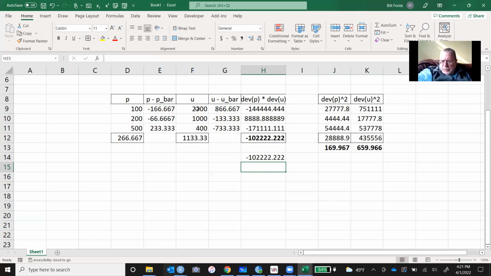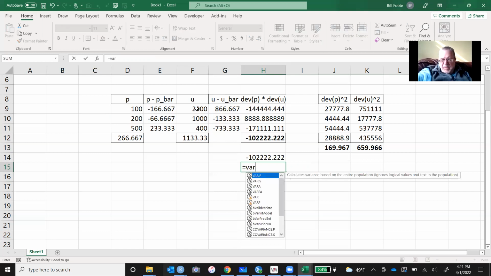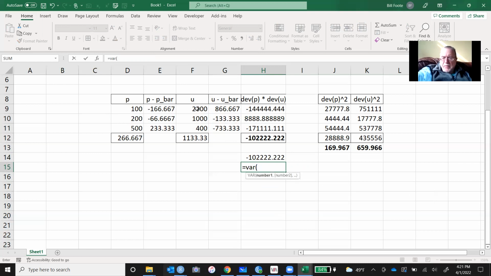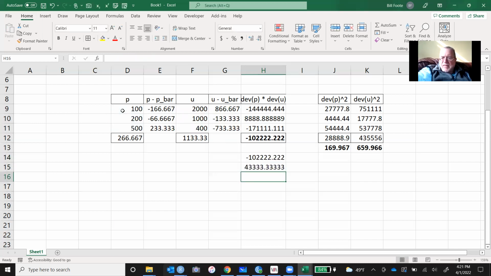Okay, and variance. Variance, there we go, VAR. It doesn't mean value at risk, all of you finance aesthetes. The variance of price. Okay, gives me this.